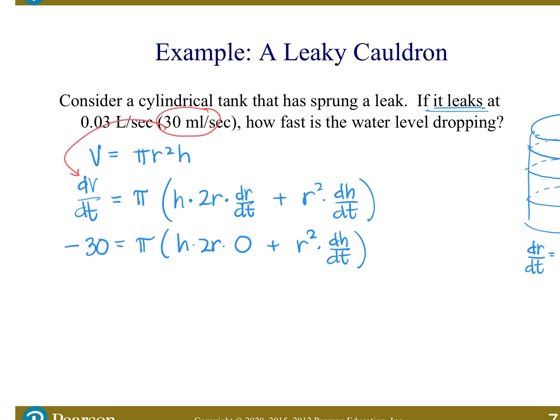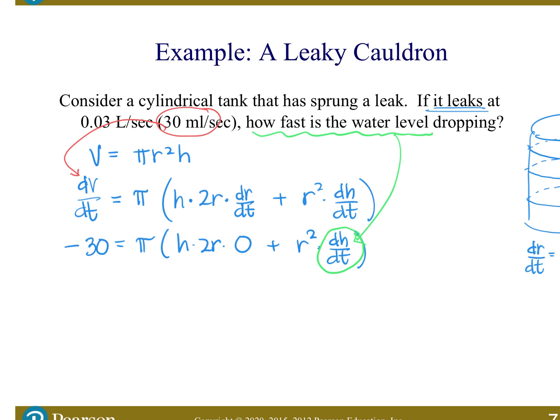Now the question is asking how fast the water level is dropping. That's going to be answered by the value of dh dt. That's what I want to get alone, so I need to simplify this to the point where it is alone.